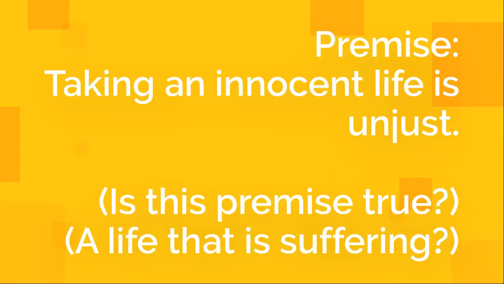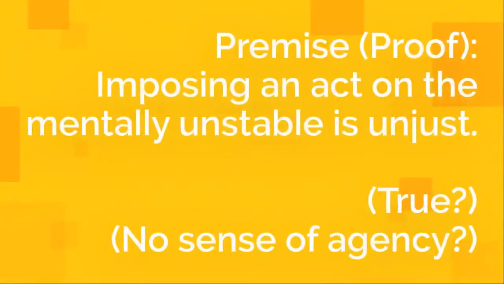Okay. The second premise, where imposing an act on the mentally unstable is unjust. Is this true? If a person does not have a sense of agency, meaning somebody's so ill that they cannot act in and of themselves, is it necessarily unjust that we impose this act on them?